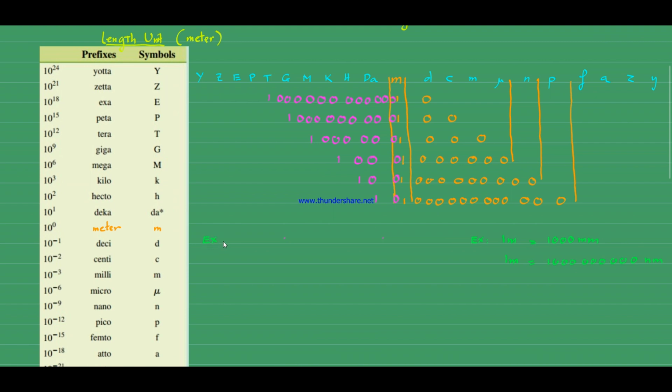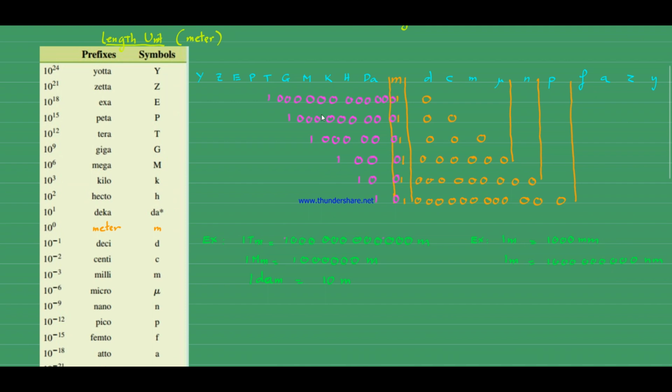So 1 terameter is 1 trillion meter. 1 megameter is 1 million meter, and so on. Okay, 1 decameter is only 10 meter.